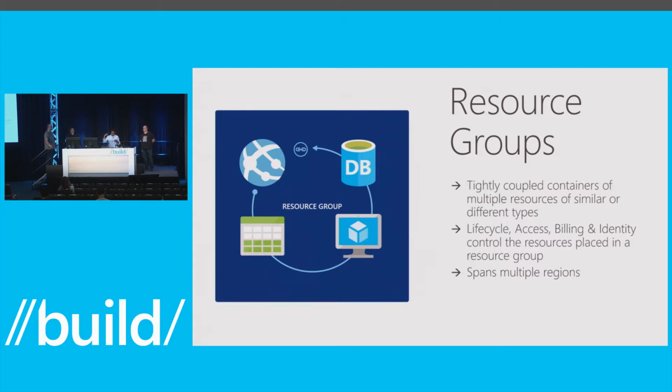The network admin is the only person responsible for changing the network properties, and the database admin doesn't have privileges to change that, so he only has reader access. You can completely slice and dice and provide the right amount of security across the different resource groups by architecting your application appropriately. And a resource group spans multiple regions.